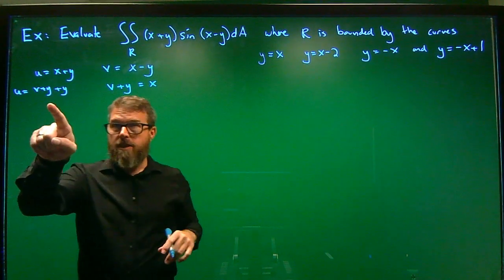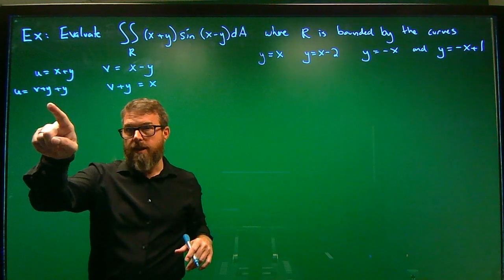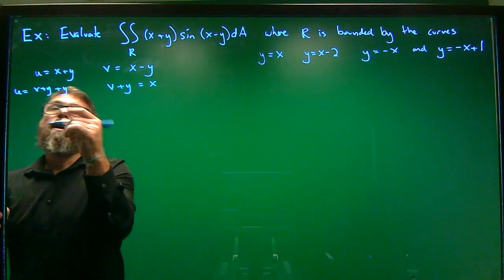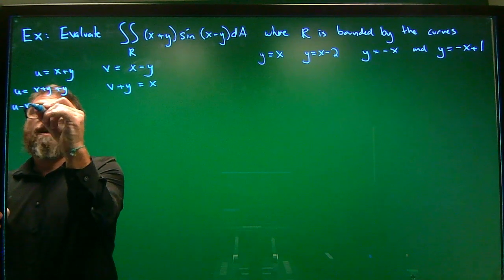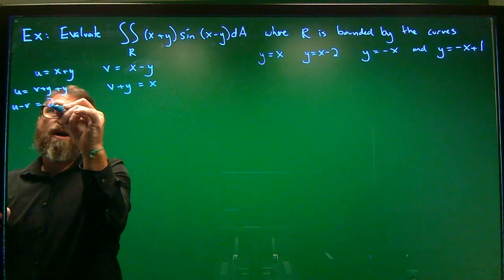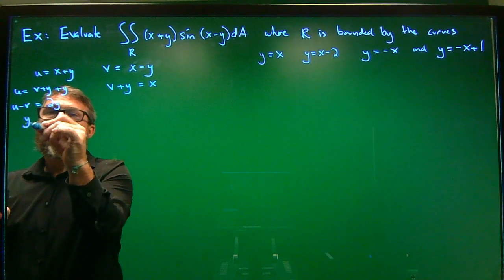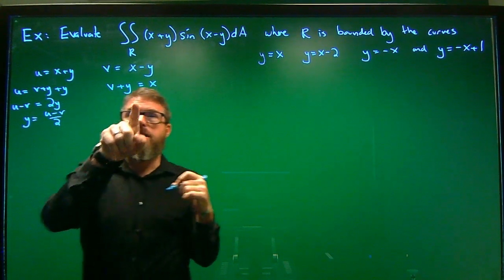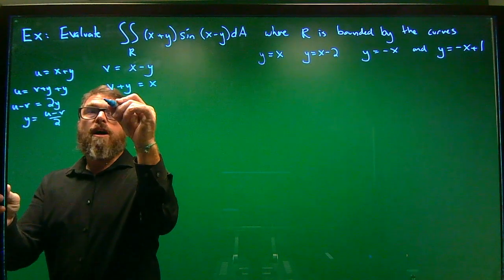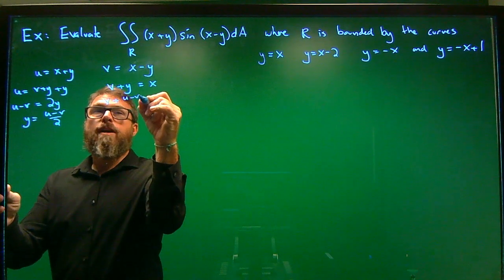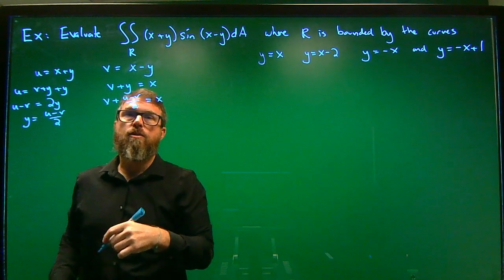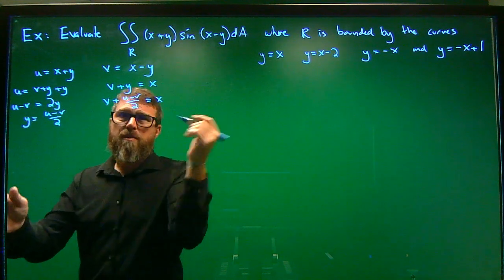Now I'm going to solve this thing for y, because I'm trying to do y in terms of u and v, and then also over here x in terms of u and v. So sending the v to the other side, u minus v is going to be equal to y plus y, which is equal to 2y. So that means y is going to be equal to (u minus v) over 2. Now back subbing into here, that means v plus (u minus v) all over 2 is equal to x. That's what y is equal to. I guess we can multiply everything by 2.